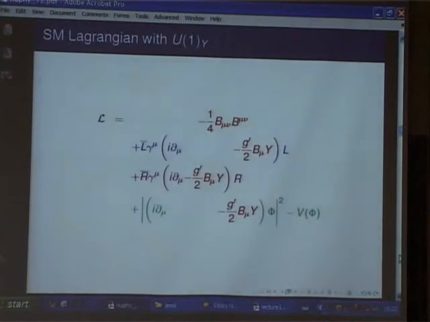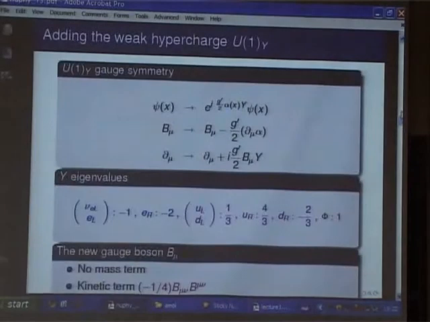The red terms are the new terms. So what has happened? All I have done is add the kinetic term for the gauge boson, B mu nu. And then we saw that the derivative just goes from del mu to del mu plus i g prime by 2 times B mu.